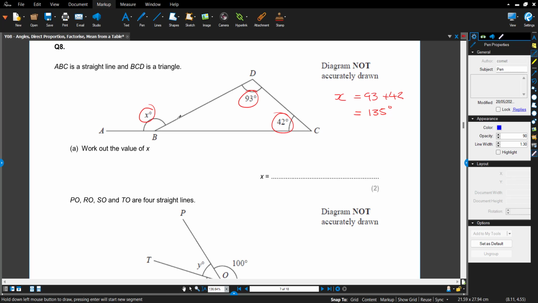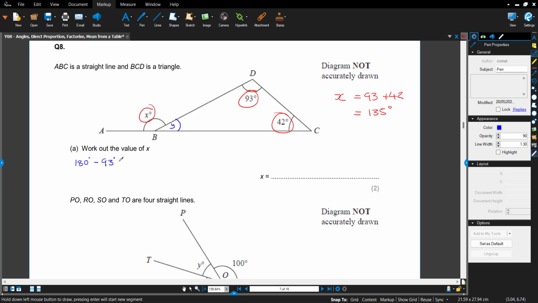So this angle here, let's just call it y. So we know x plus y is 180 degrees. Now, we don't know what y is, but we know that y plus 93 plus 42 is 180 because it's a triangle. So to get y, we're going to do 180 degrees minus 93 degrees.